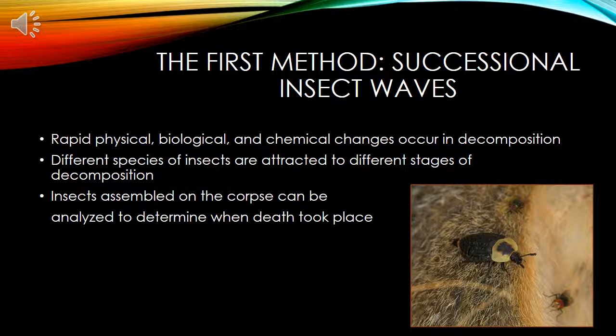Other species, like those in the family Piophilidae, will appear on the dead body later on, during protein fermentation. Others are not directly attracted to the body, but arrive later on to feed on the other insects present. And with the knowledge of regional insect fauna and the times of carrion colonization, the insects assembled on the corpse can be analyzed to determine a window of time at which death took place.